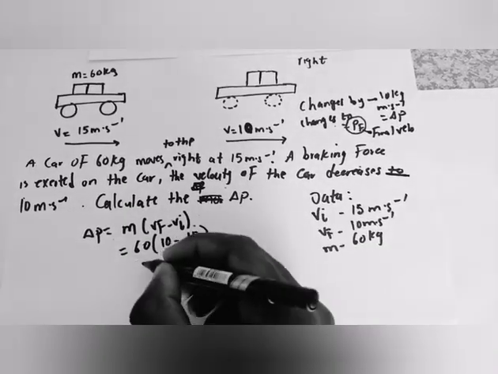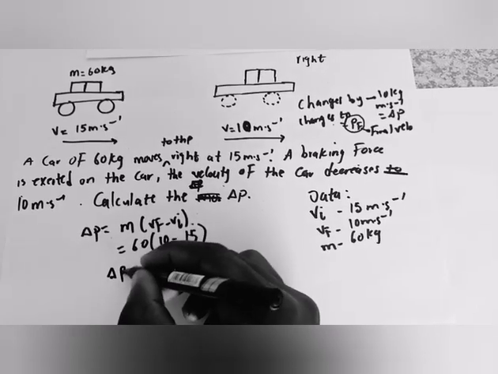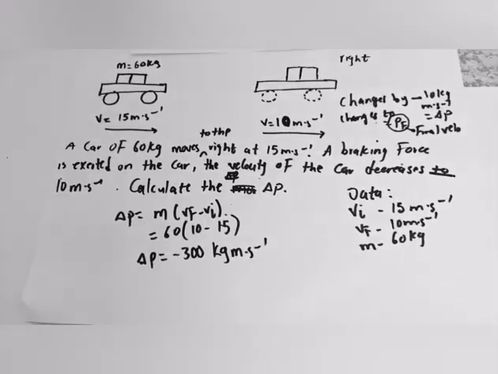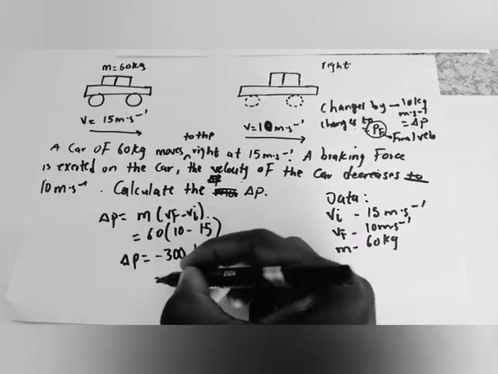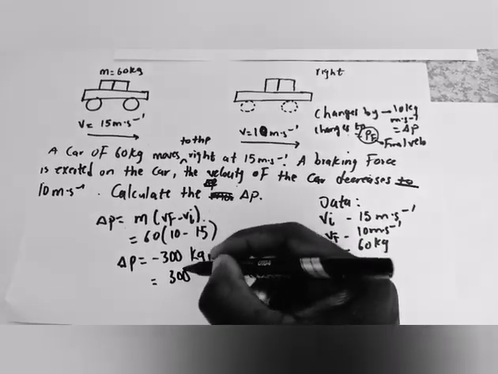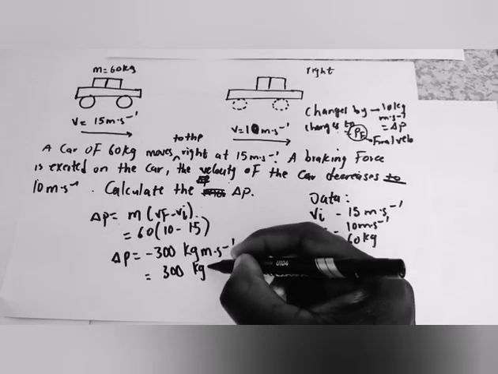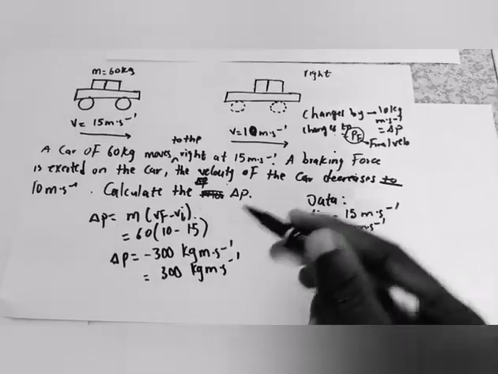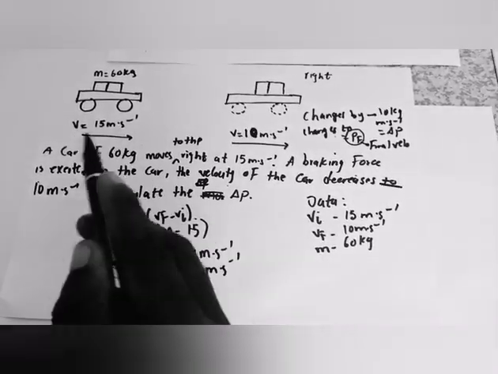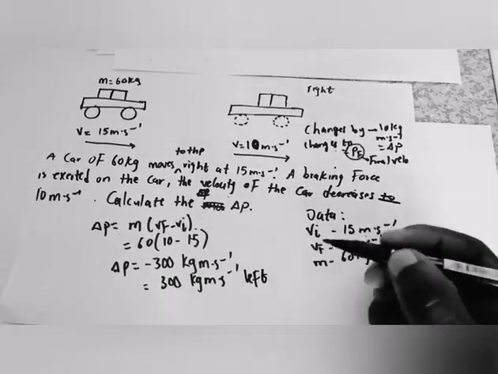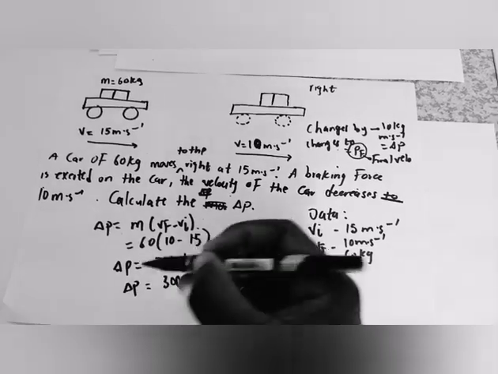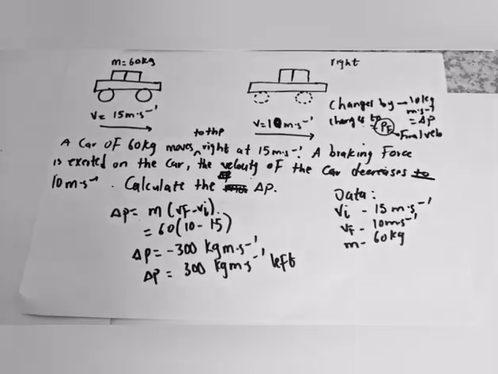Therefore our answer is negative 300 kg meters per second, but we must not write the negative, so write it as positive 300 kg meters per second. Since the velocity was going to the right, the change will be to the left. So the change in P equals 300 kg meters per second left.